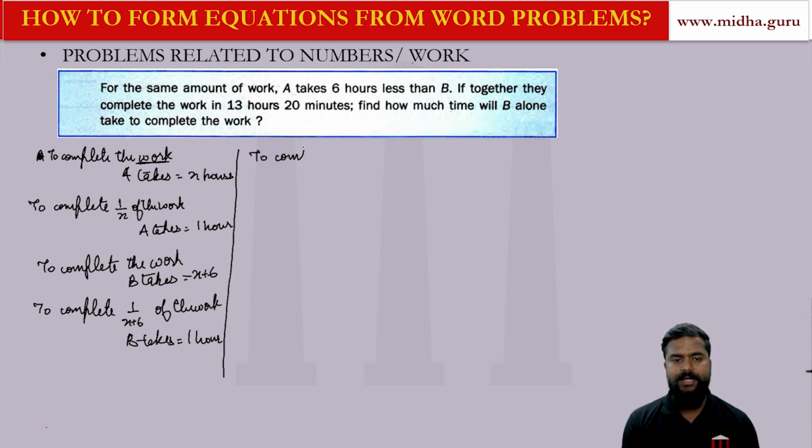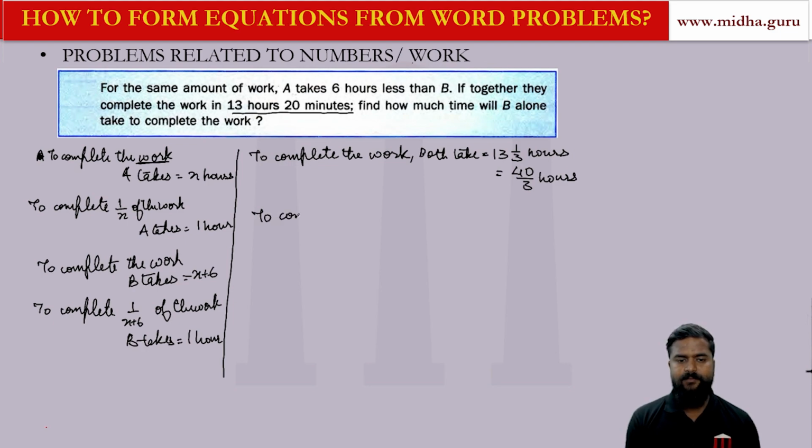Now let's see what they can do together. To complete the work, both take 13 hours 20 minutes. We'll convert it to hours. 20 by 60 will be 1 by 3, so 13 1 by 3 hours, which is nothing but 40 by 3 hours.